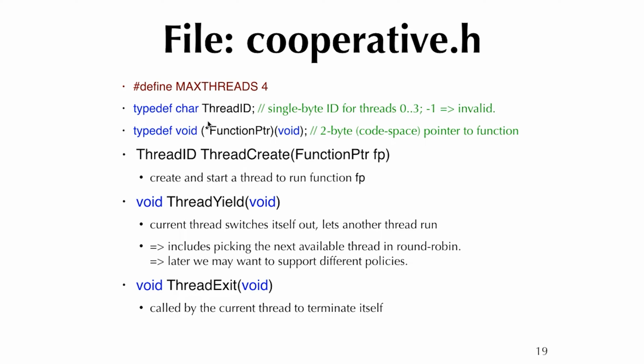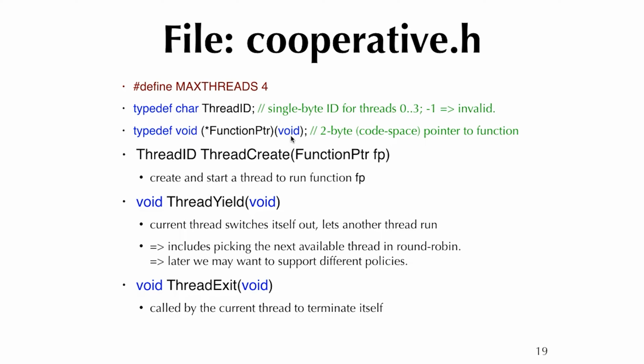Basically, paren, star, and then the name of the type, and then followed by the argument type list. So this void is really the return type of this function pointer, and this void here is the parameter type or the type signature, okay?